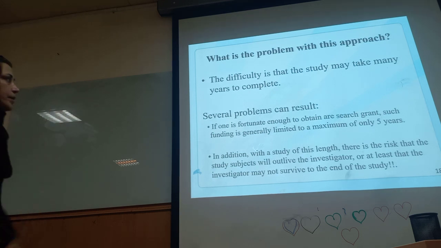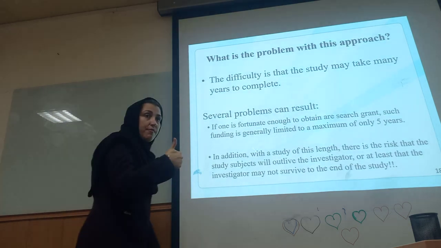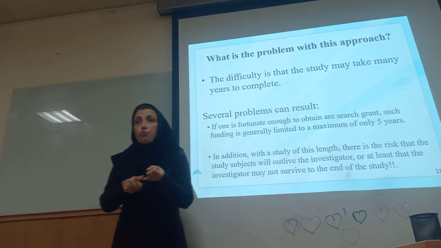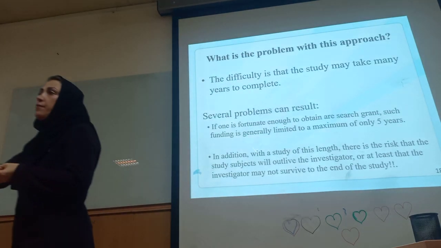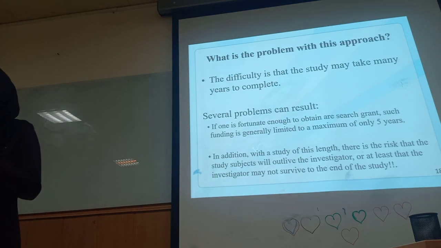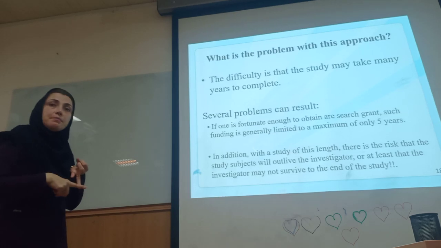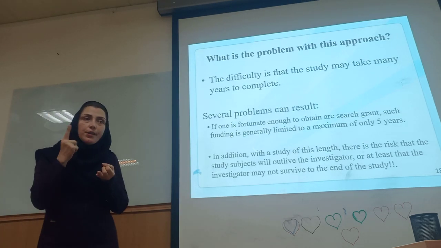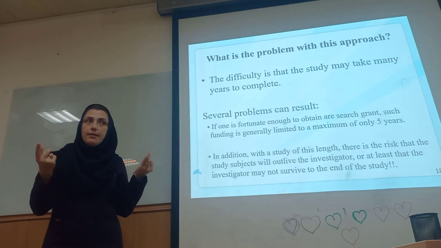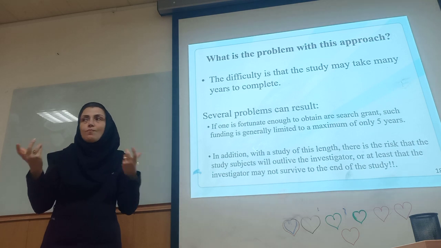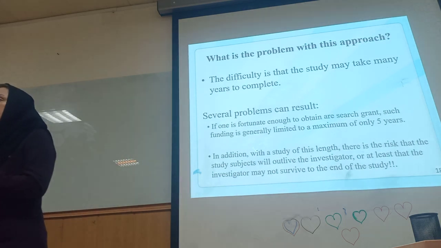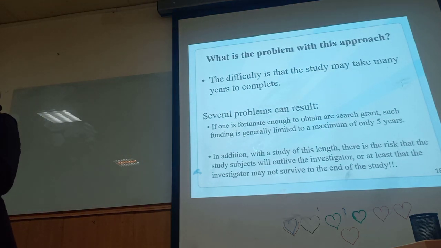So, it is expensive because you should follow those populations for several years. Based on time and the required budget, it is sometimes not feasible to do a cohort study.